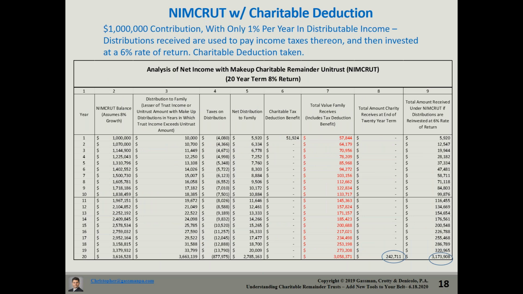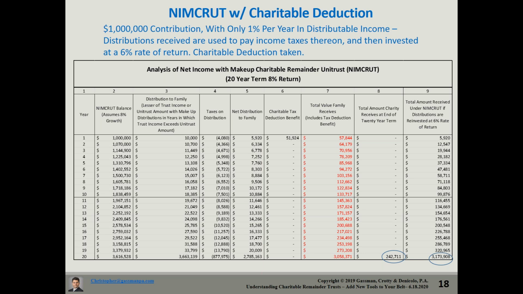So if you look here on the bottom of slide 18, you'll see with this $1 million contribution, based upon this appreciated asset, if it's sold, at the end of the 20-year term, the charity is going to receive about $242,000. The family is going to receive quite a bit, including a large amount in year 20, because in year 20, we have this makeup distribution that goes out to the client.